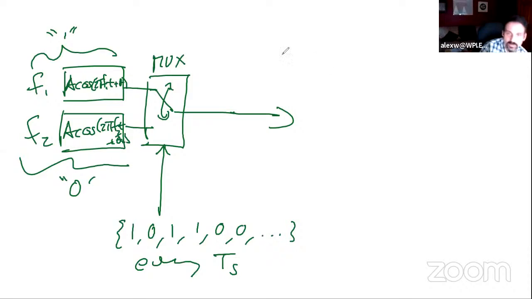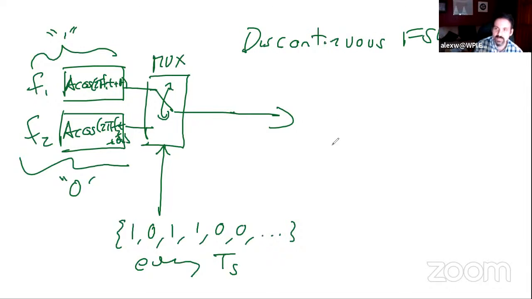Now, the discontinuous FSK would have the same amplitude, but it's a rough type of signal that's been put together. So it might not even have nice transitions between 1 and 0, between the different waveforms.